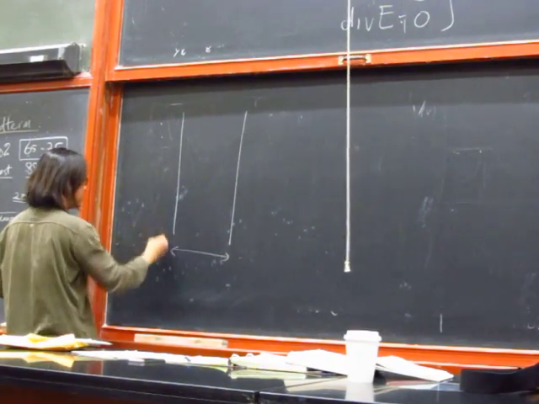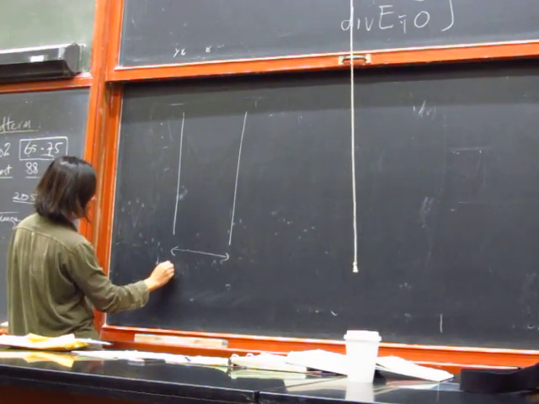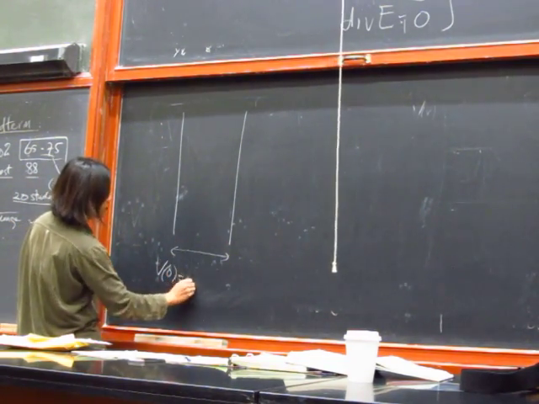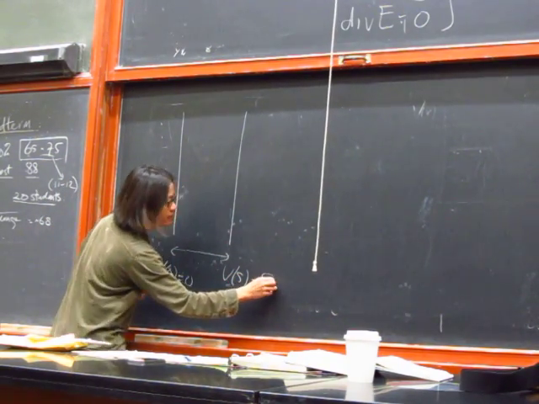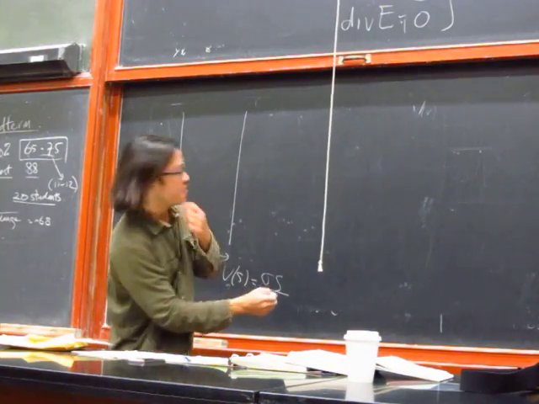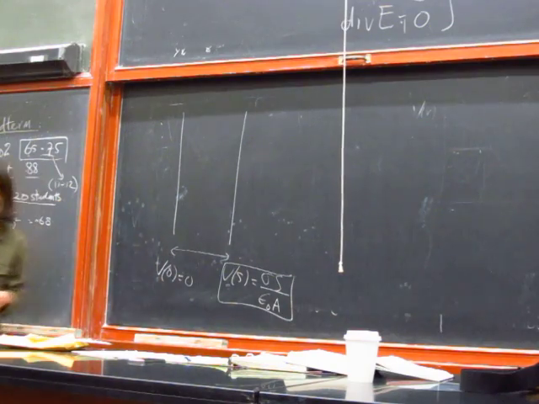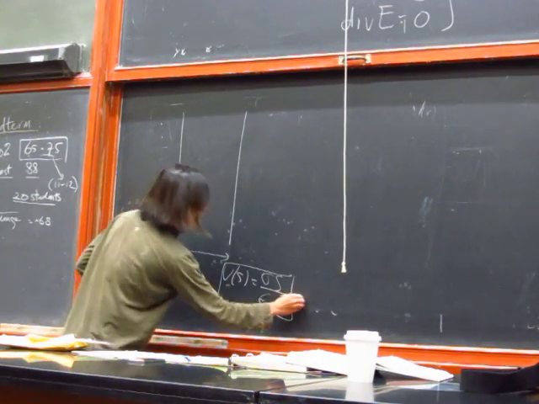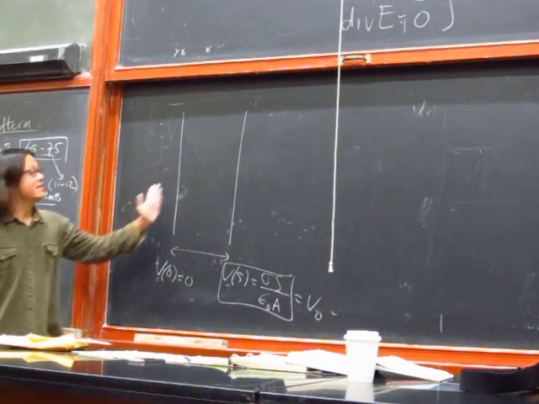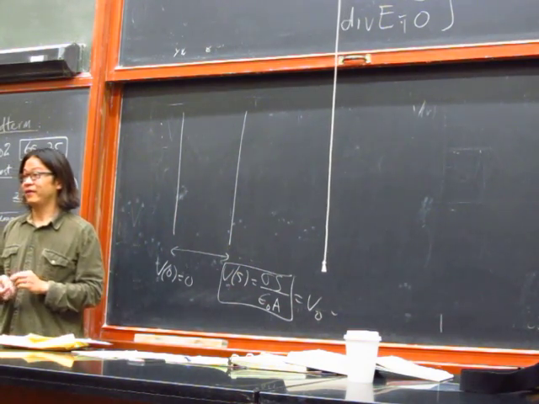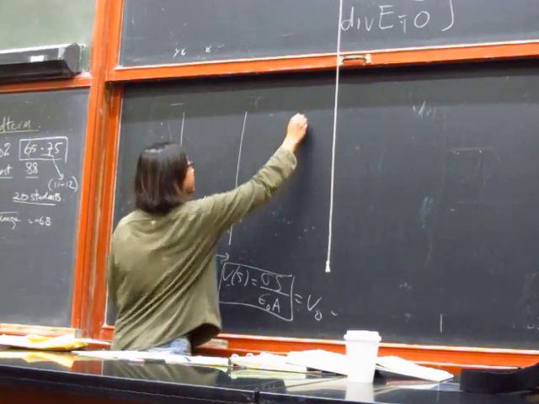So instead of having plus Q, minus Q here, what you have is V at 0 equal to 0, and V at S equal to sigma S over epsilon naught, or something. And the question is: find the potential everywhere with the following boundary condition.